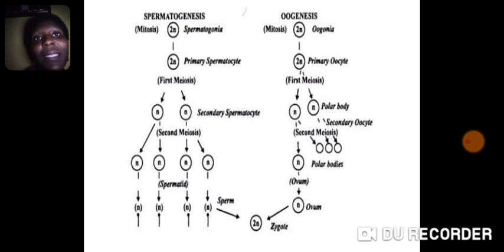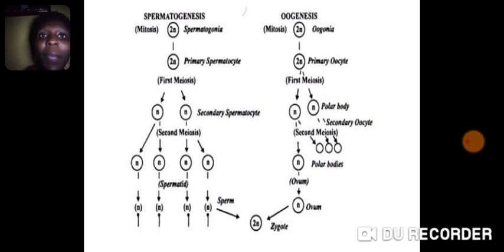However, in oogenesis, you discover that this occurs prior to the birth of the female animal. So oogenesis has already started while the female animal is still in its mother's womb. So what happens is that the oogonia, which are stem cells and are also diploid, having 46 chromosomes.